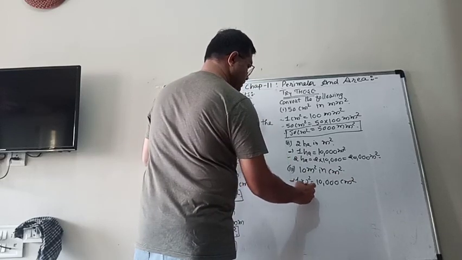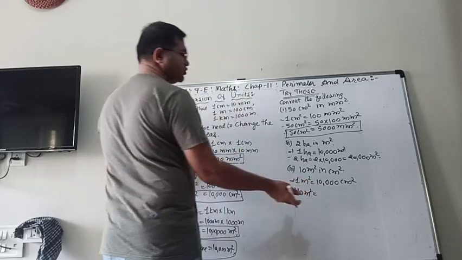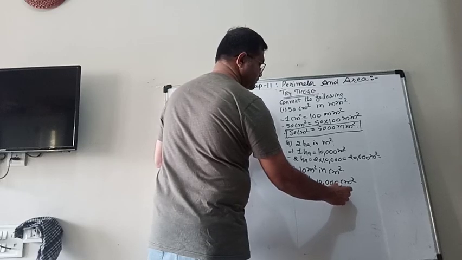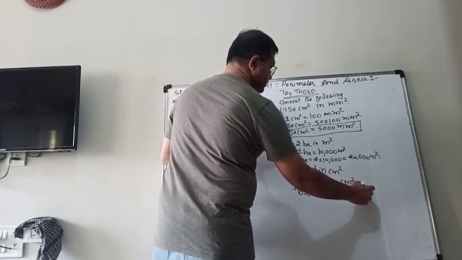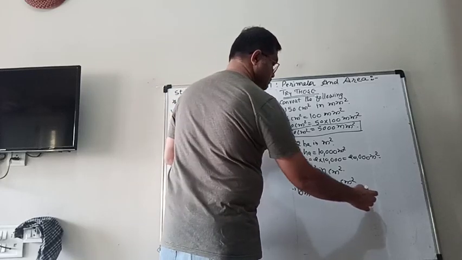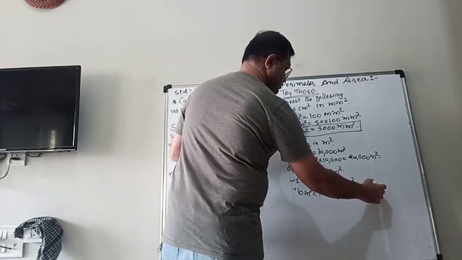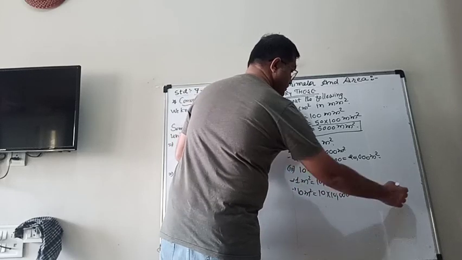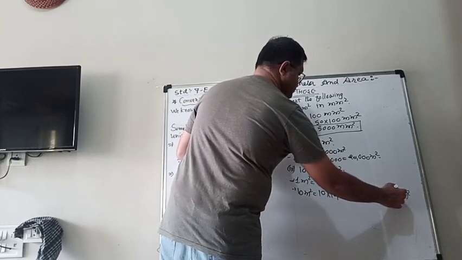Therefore 10 meter square means we have to multiply by 10, which is 10 into 10,000 centimeter square. That is 1 lakh centimeter square.